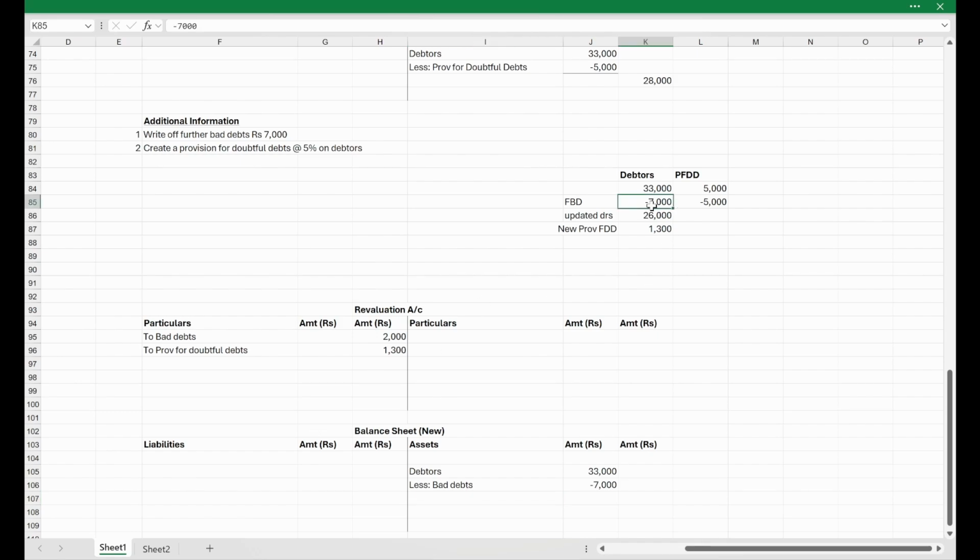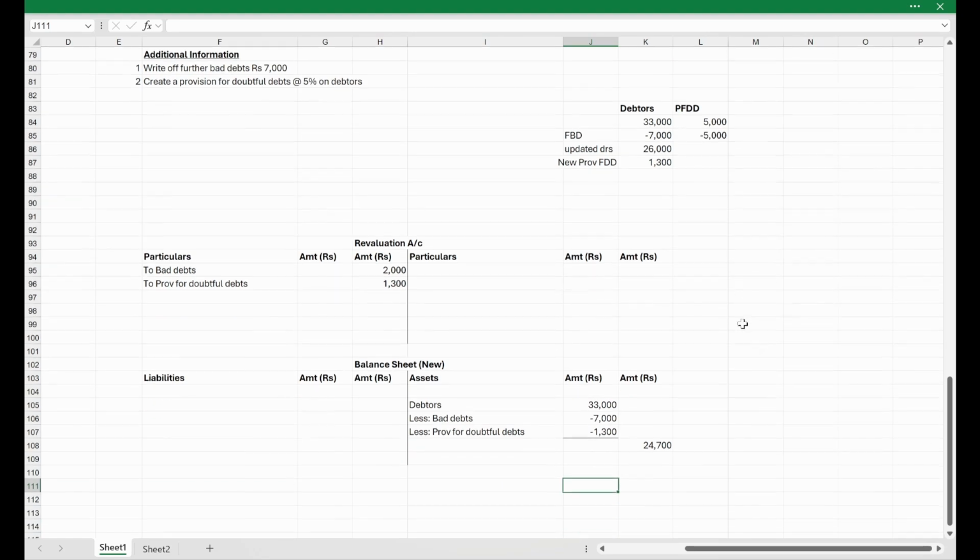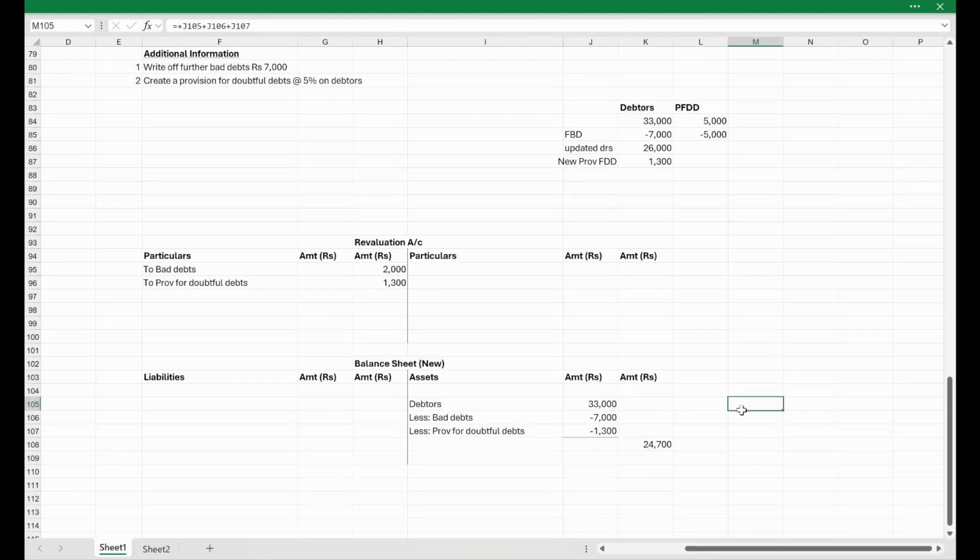Whatever we subtracted here, this 7,000, we have to show it in the balance sheet also, 7,000. And then we remove provision for doubtful debts also. How much new provision we created? We created a new provision of 1,300. This 1,300 also I will eliminate from the debtors value to give me the net debtors, final net amount of valid debtors or pure debtors, we have 24,700.